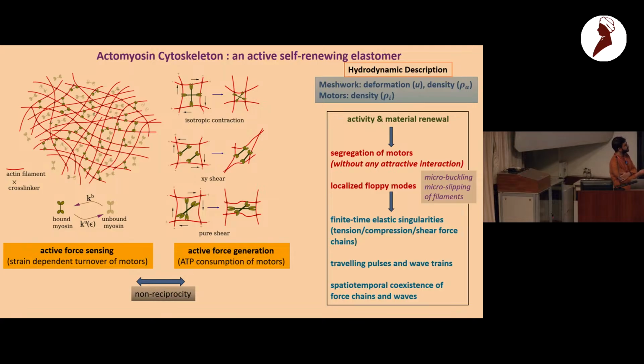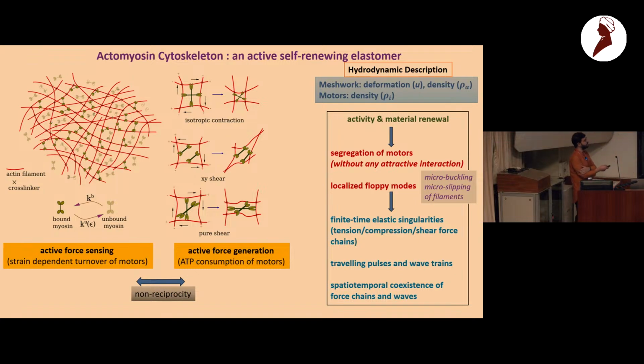In actual systems, this subscript i is rho 1, rho 2, rho 3. In an actual cell, there are many species of myosin motors, and they have different turnover rates and different contractile activity strength. We have written down the theory for two species of myosins, but it can work for just one species or several species as well.